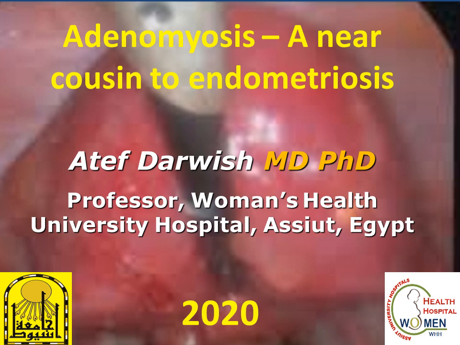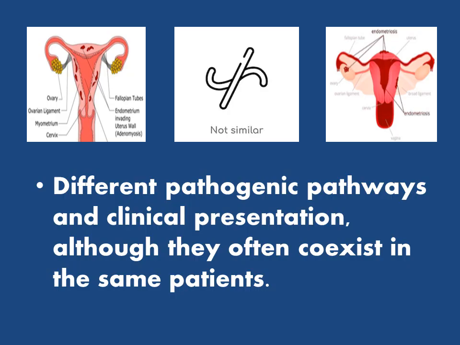This is an old classification, and in modern practice it does not exist because they are not similar entities. They are completely different in the pathogenic pathway, in the type of patient, symptomatology, lines of management, and the complications, despite being associated together in many cases.